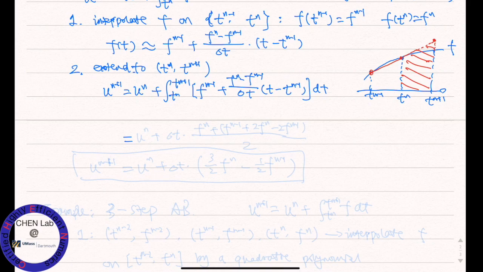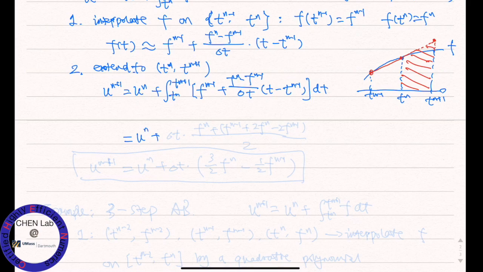How do we integrate this? We're integrating a straight line. So instead of going back to the calculus, just use the trapezoid rule.